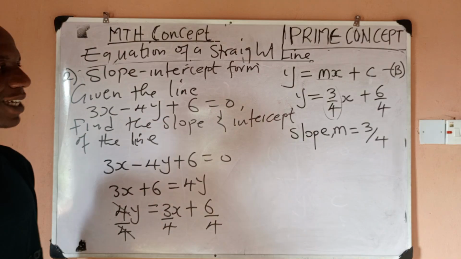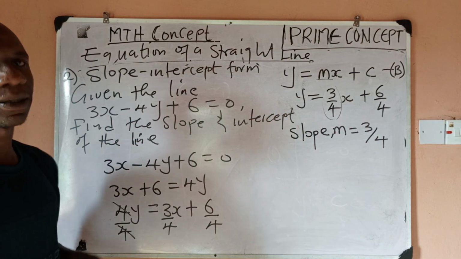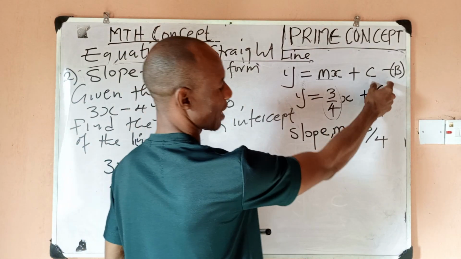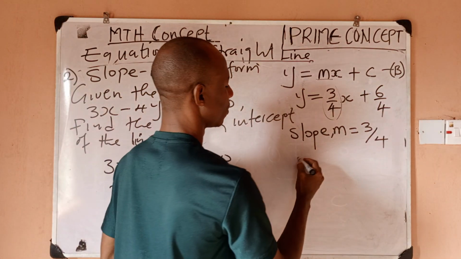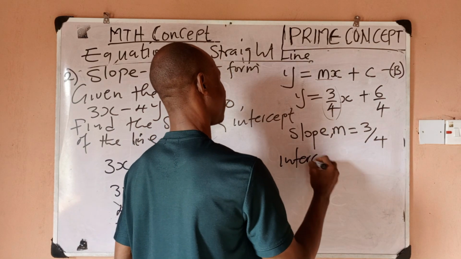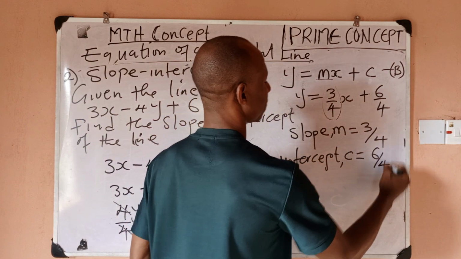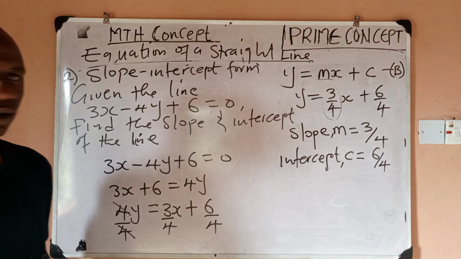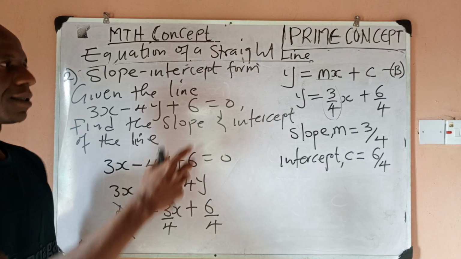So we've been able to find the slope, right? Now the next thing is to find our what? Intercept. Now what is the constant part in this case? The constant part is obviously 6 over 4. So our intercept C is going to be 6 over 4, which you can still reduce to 3 over 2. So this is how you can apply this equation to find this, right?